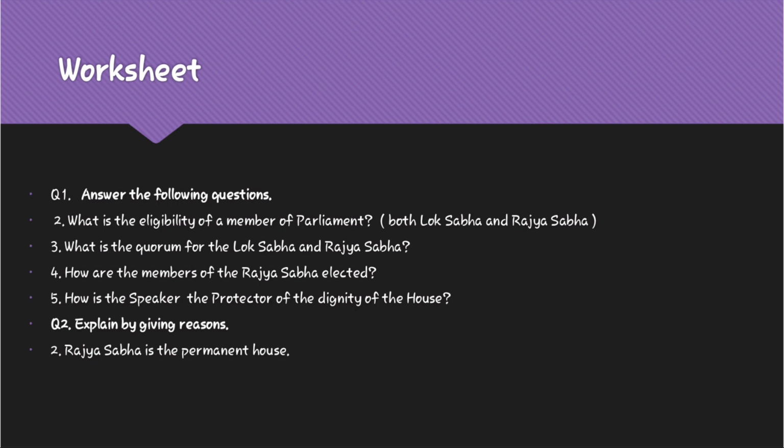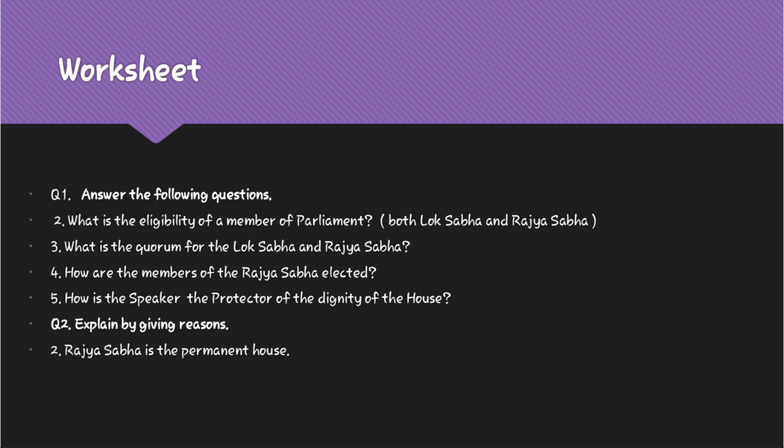The members of the Rajya Sabha are indirectly elected by the members of the legislative assemblies of the states and the union territories through a method of proportional representation. In all, 238 members of the Rajya Sabha are elected. The remaining 12 members are nominated by the President of India. Hope you underlined the answer.